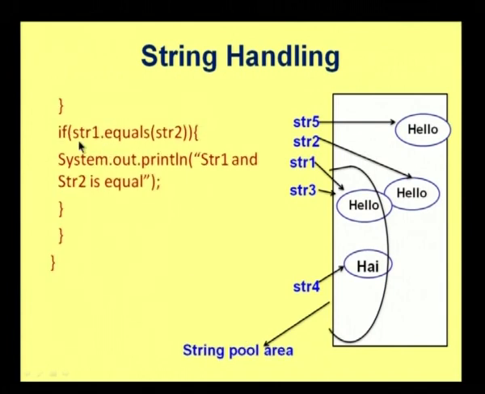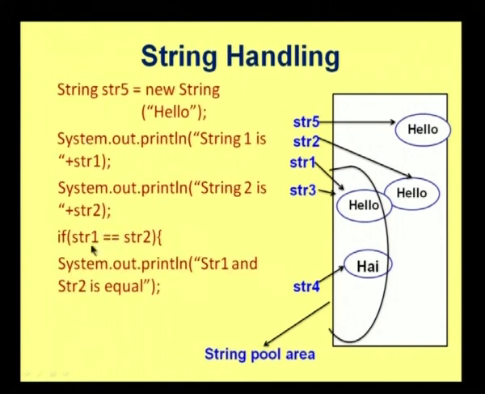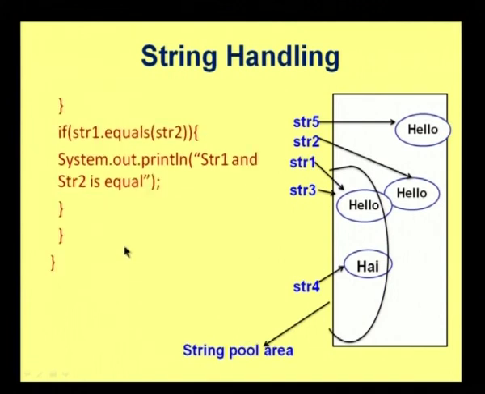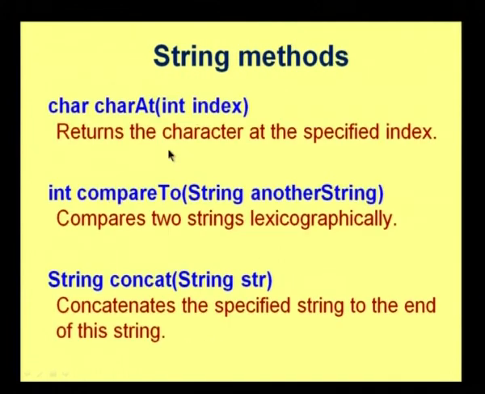Whereas, if I check whether the values of string 1 and string 2 are equal, then the values will be equal. This means that your value is equal, whereas here it means that your object is not the same object. So, this is for comparing your object and this is for comparing your value.